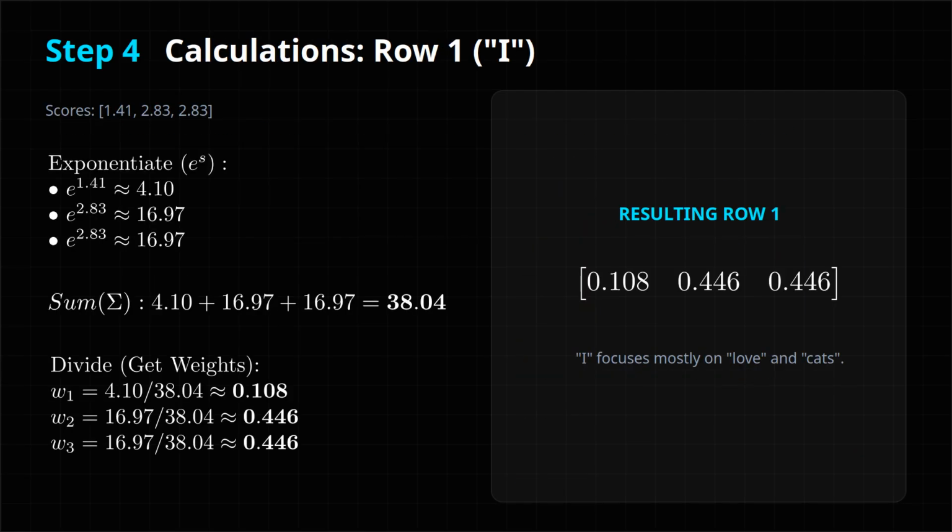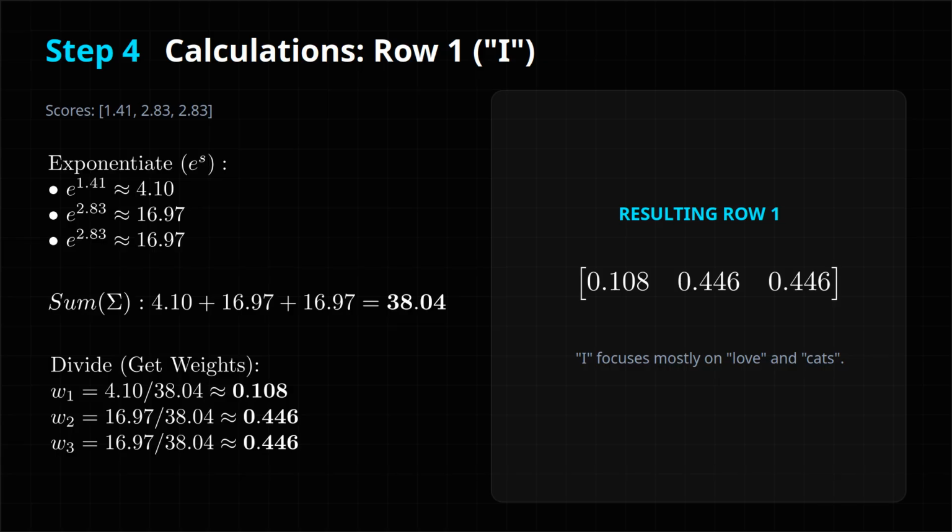Let's walk through the softmax for the first row, which belongs to the word "I." The three scaled scores in this row are roughly 1.41, 2.83, and 2.83. First step, exponentials. The exponential of 1.41 is about 4.10. The exponential of 2.83 is about 16.97. We have that same value twice for the other two positions.